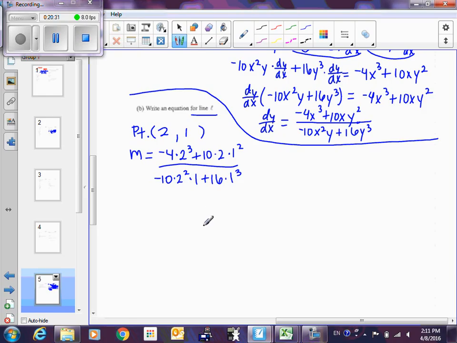Make sure you don't forget to actually write the equation of the line. You don't have to simplify the slope, by the way. This is fine to leave just like that. Okay, it does end up being 3, I believe, if you do simplify it. But I'm going to show you, you can get full credit for writing what I'm writing.